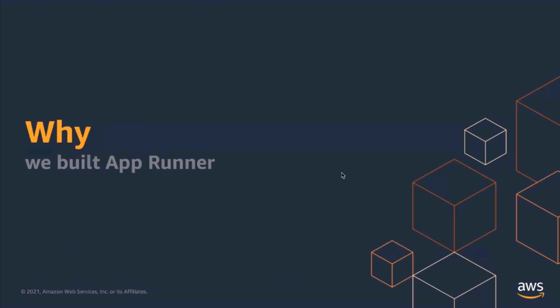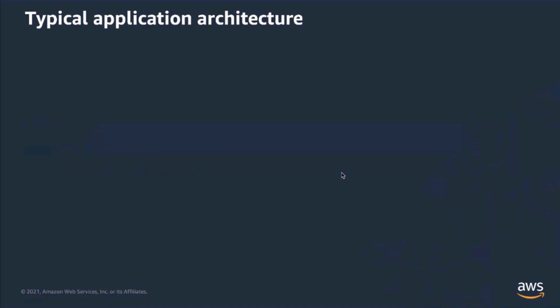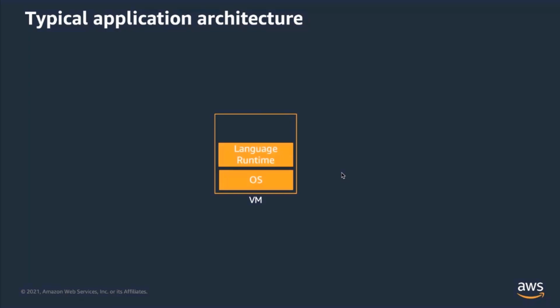All right, so why did we build App Runner? To understand why we built App Runner, let's look at the typical architecture for such an application that we just talked about. So you typically start with the virtual machine. You install a guest OS inside the virtual machine. You install a language runtime of your choice, and then your application runs on top of that.